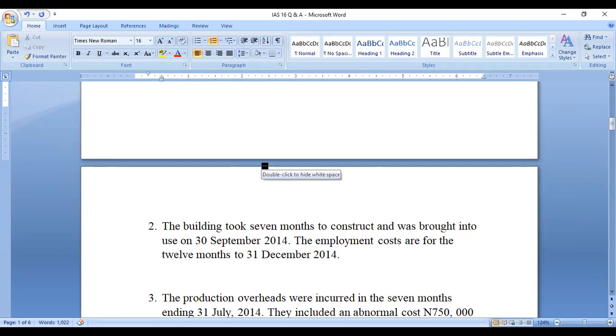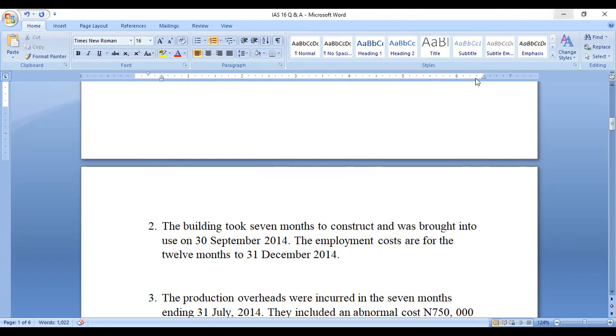There are 2 ways of doing it. You can divide the employment cost by 12 to find out how much it is for each month, multiplied by 7 months, or we'll have this 30 multiplied by 7 all over 12.